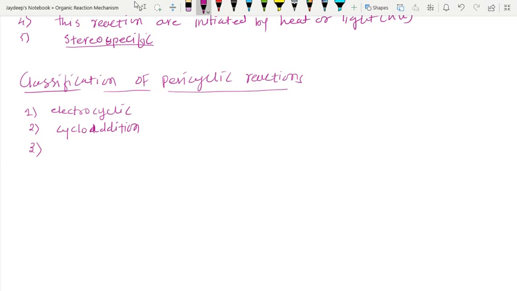Third one is cheletropic reactions. The fourth one is sigmatropic rearrangement.